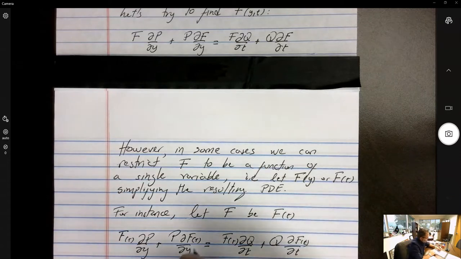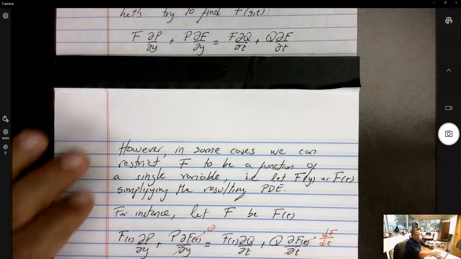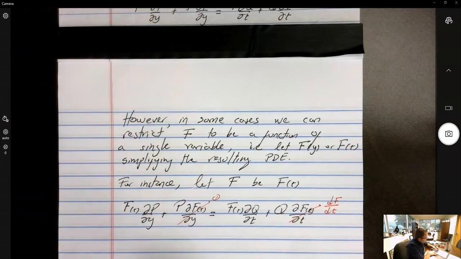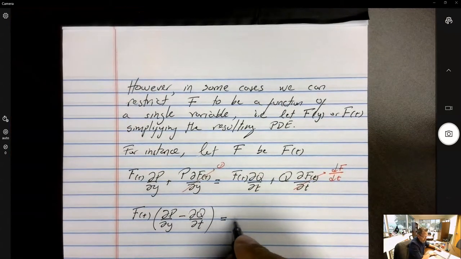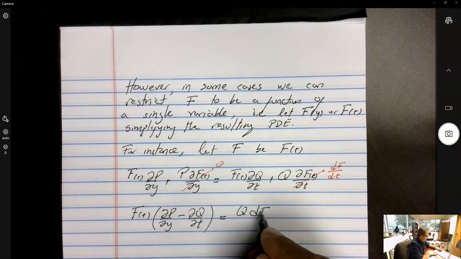So this will go to 0. This right here will become the f dt, total derivative. So we can take f of t as a common factor that multiplies dp dy minus dq dt, and that would be equal to q df dt.